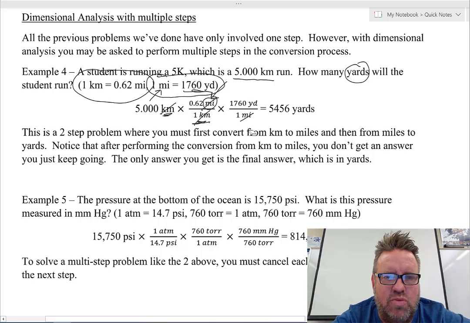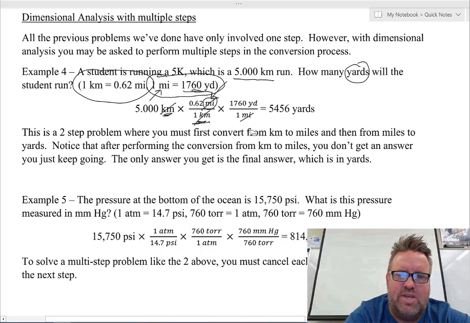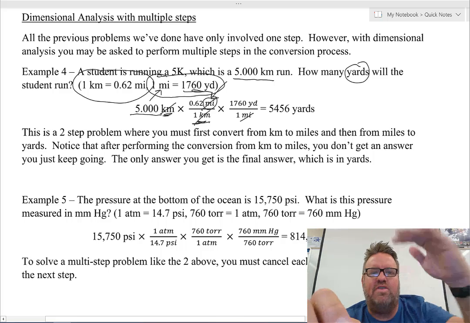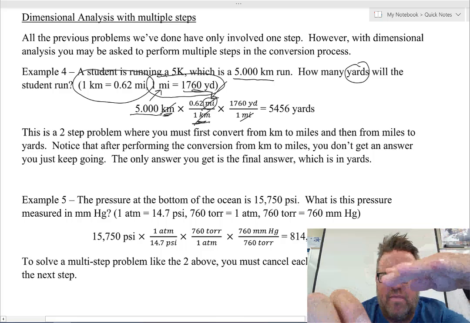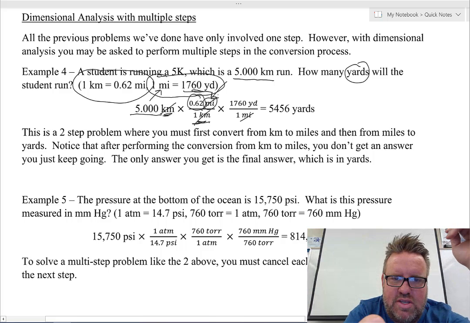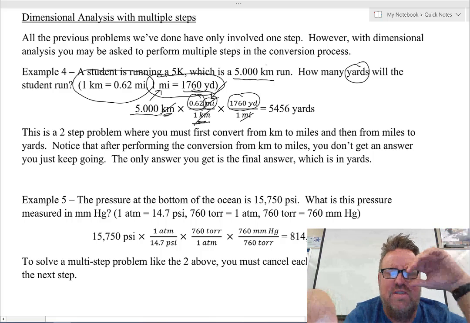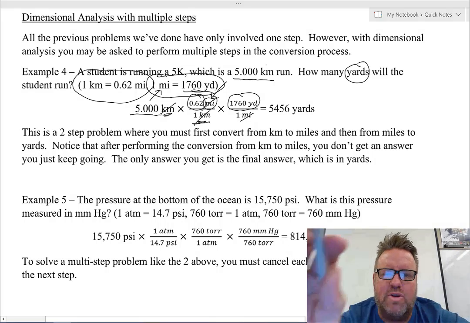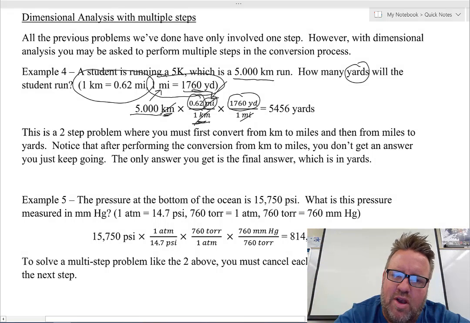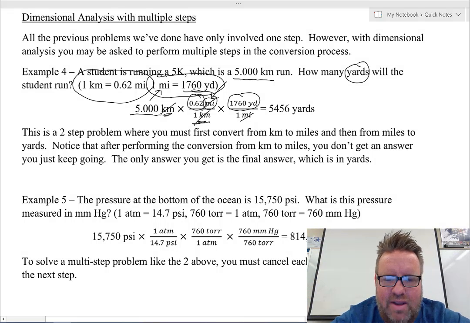Now let's make sure we do this correctly. An easy way to remember this is you take 5.000 and then everything that's on the top you multiply. So 0.62 is on the top, 1,760 is on the top. If there were numbers other than ones on the bottom, the numbers on the bottom you would divide. We'll see that in just a second.